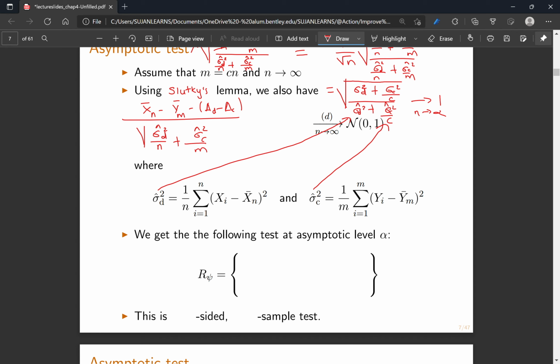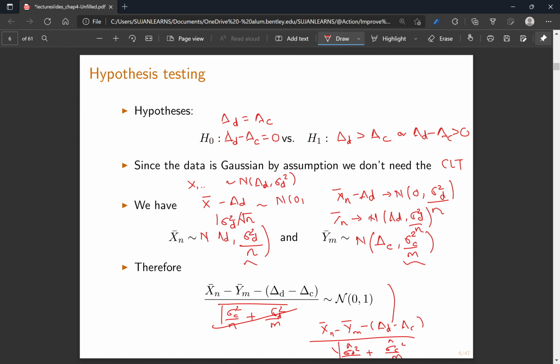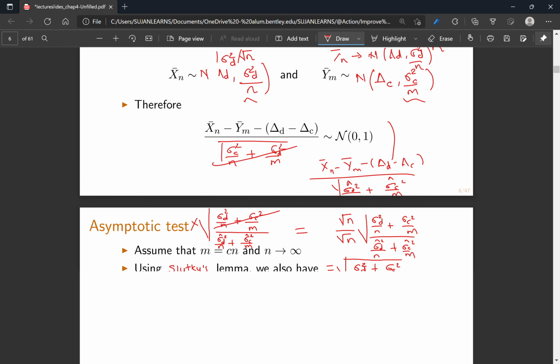In this expression we see there are sigma d, sigma c, delta d and delta c. These are unknown at the moment, but under the null hypothesis delta d minus delta c is equal to 0.